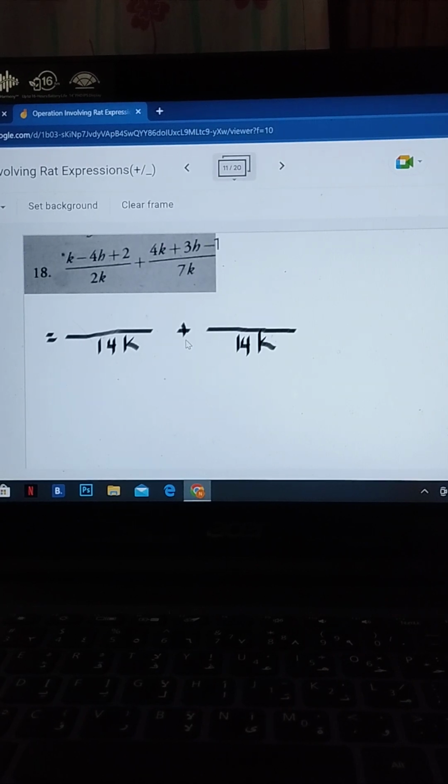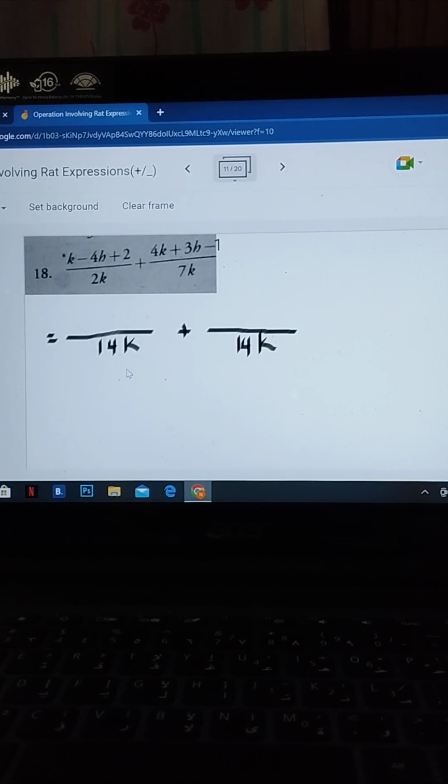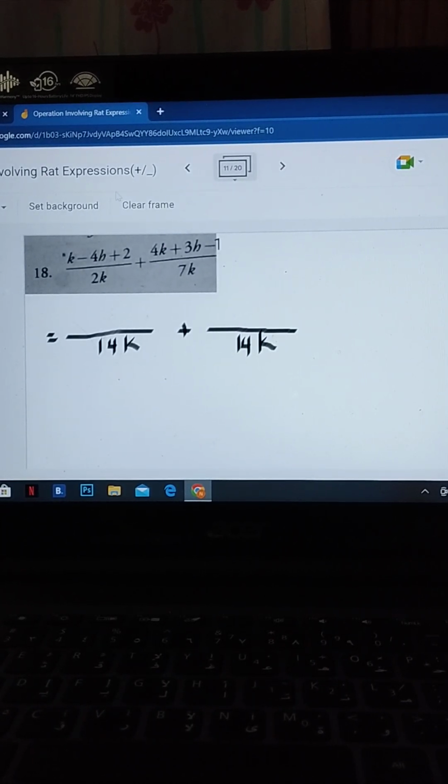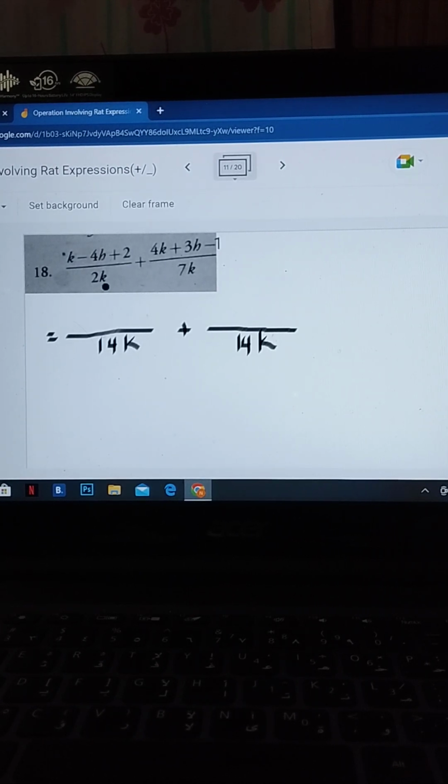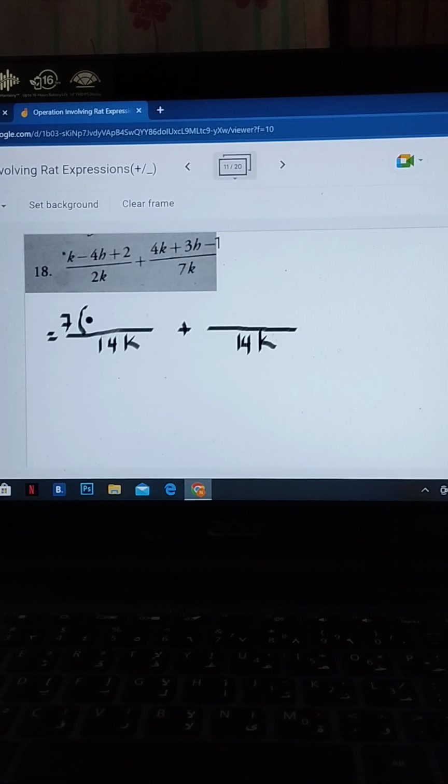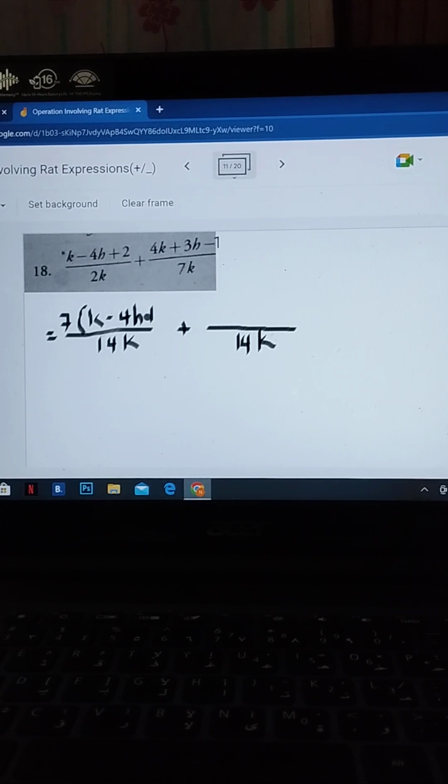Number 11. So the LCD is 14k for 2k and 7k. 14k divided by 2k is equal to 7. So this 7 now, you will distribute to k minus 4h plus 2.